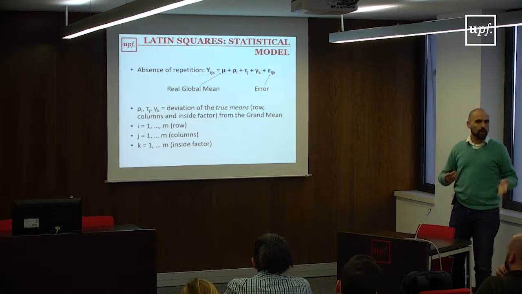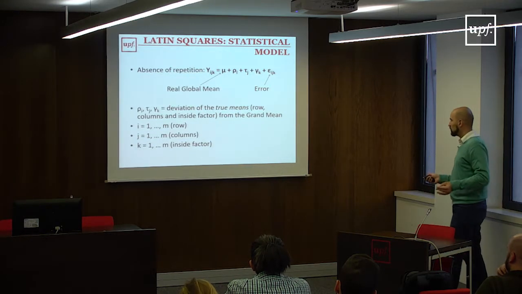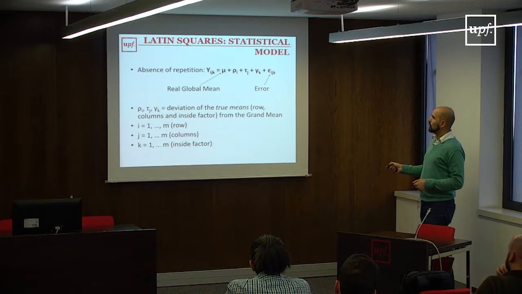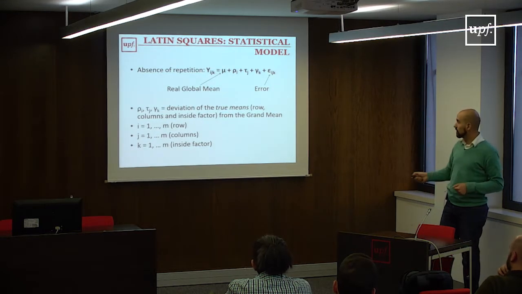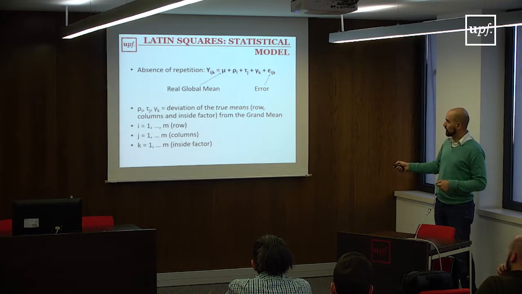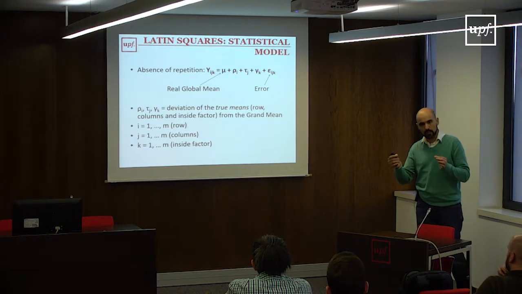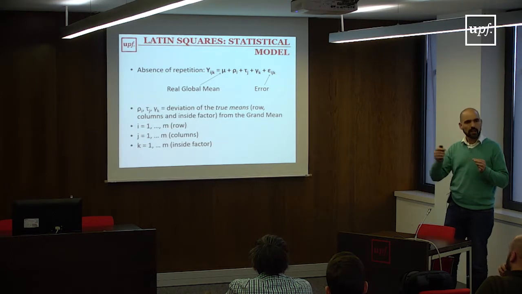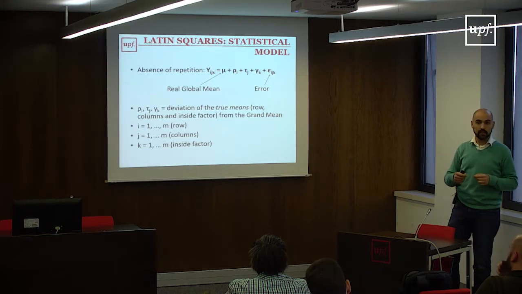Let's go back to our statistical model, which is very similar to what we have already seen. We have our dependent variable. We have the real global mean. We have factors that are related to the distance between the mean and the column, or the mean and the row, or the mean and the internal factor.